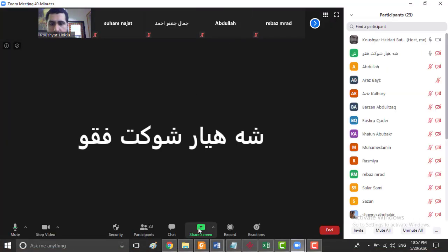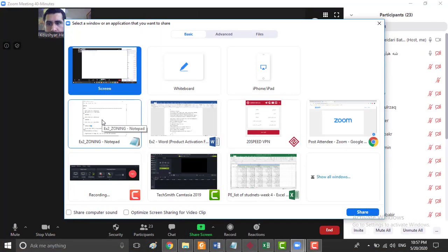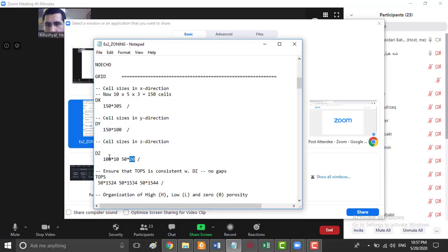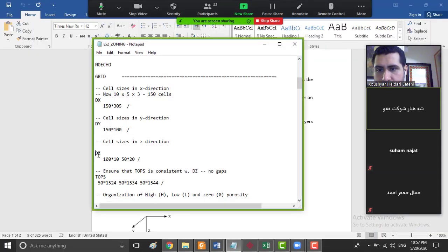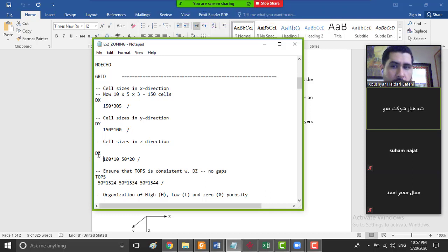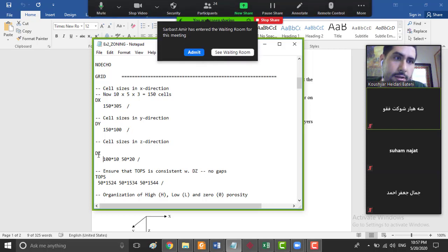So for dz, like any other keyword in the grid section, we have to write the data for 150 cells. But we don't need to write 150 separate pieces of data.